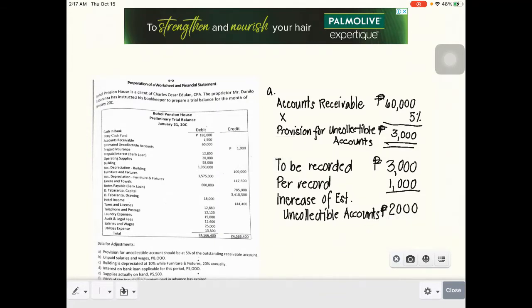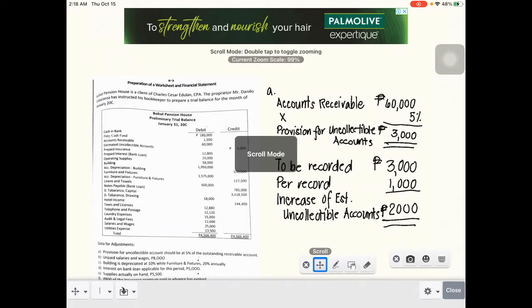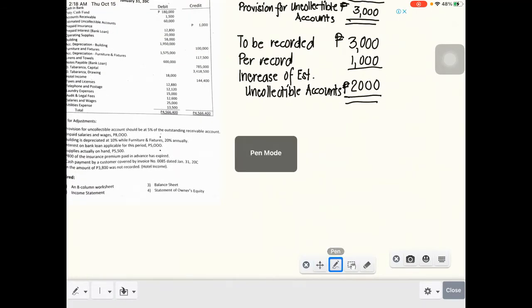So the difference is 2,000. So what is the meaning of that? Meaning, based on our records, we have 1,000. We just have to add 2,000.